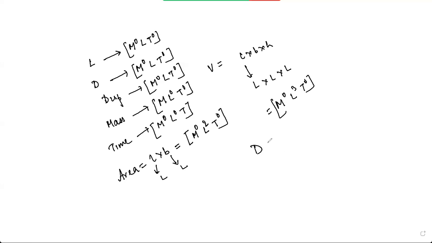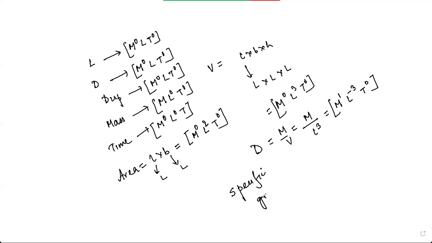Dimensional formula of density is mass by volume. So M by L cubed, that is M^1 L^-3 T^0. Dimensional formula of specific gravity is [M^0 L^0 T^0].